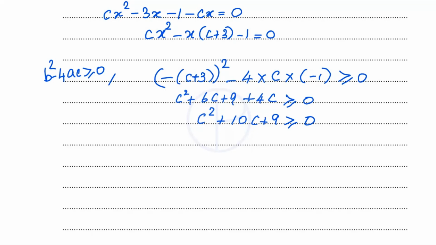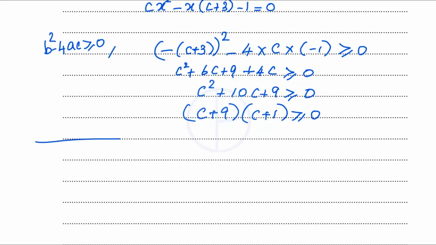Let's factorize this one. When multiplied, we need to get 9. When added, we need to get 10. So c plus 9 times c plus 1 is greater than or equal to 0. Here the critical values are negative 1 and negative 9. And this is greater than or equal to 0, so we need this portion.